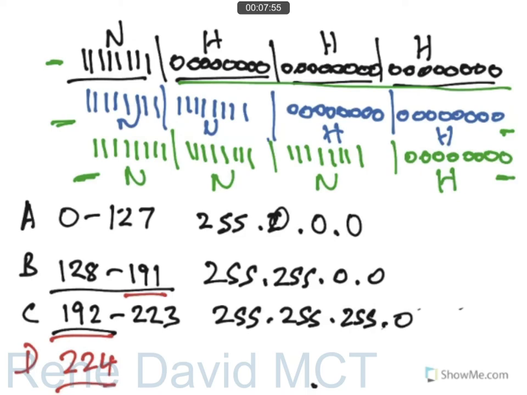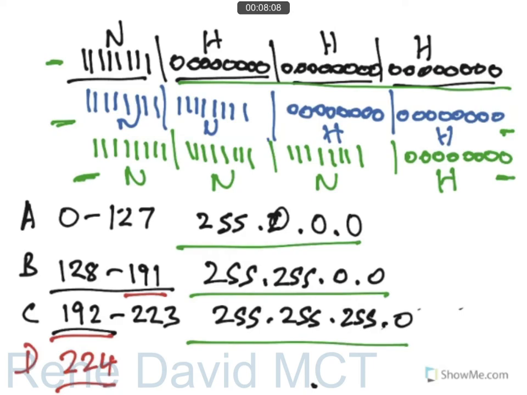For now, it's important just to know the different classes, which portions are host and network addresses, and why we have our default subnet masks and how to represent them in binary. Please make sure you also learn the different ways to identify Class A, B, and C. Remember, all you do is look at the first octet and see where it fits in the scale, and that's how you will tell whether it's a Class A, B, or C. We're going to look at this in a little more detail in the next video.